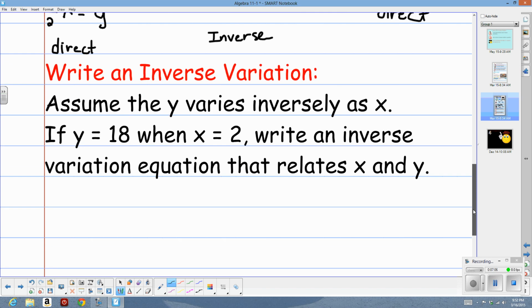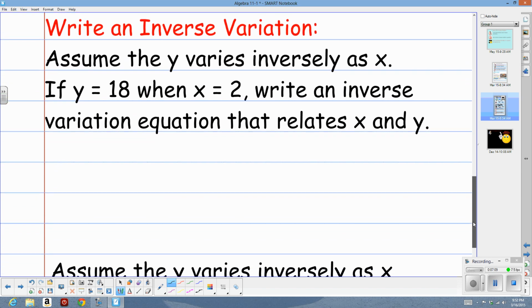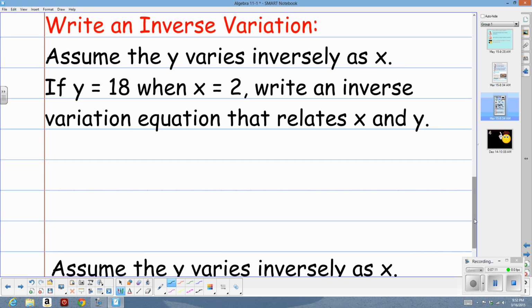Now the last thing we're going to do is write an inverse variation. It says assume that y varies inversely as x. If y equals 18 when x equals 2, write an inverse variation equation that relates x and y. If it varies inversely as x, you would say y equals k divided by x, or in other words, k is equal to x times y. We need to figure out what k is.